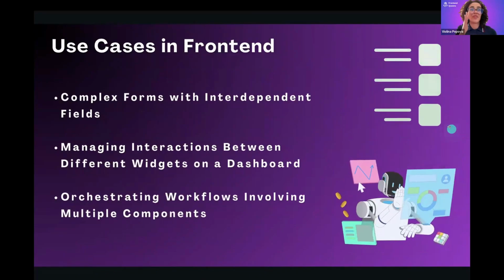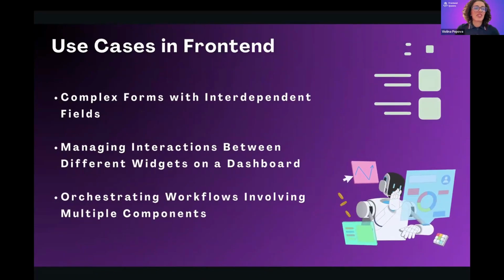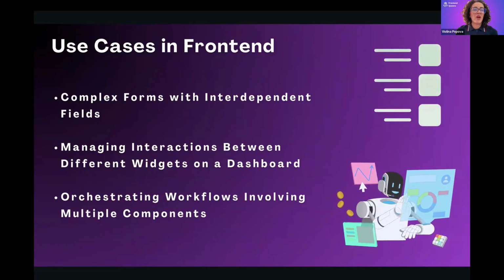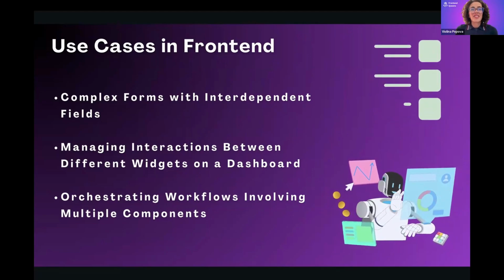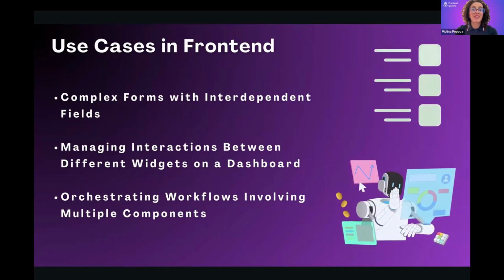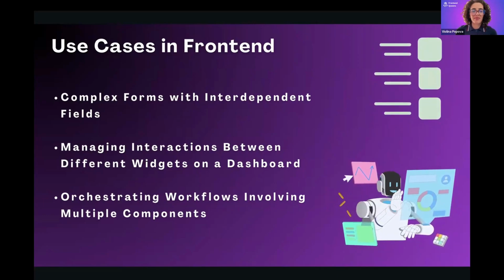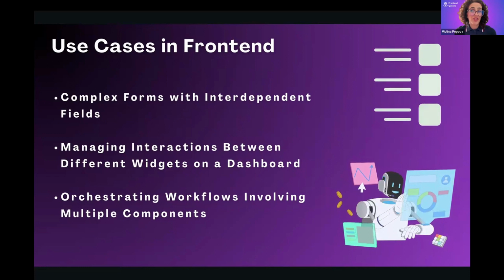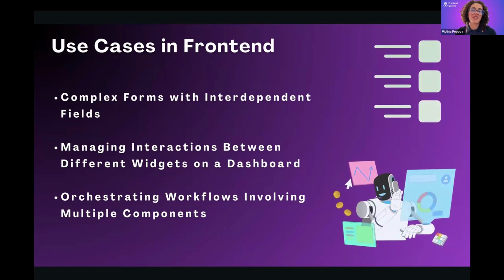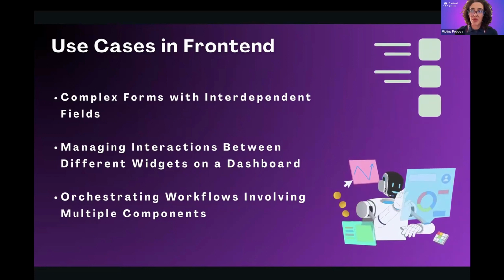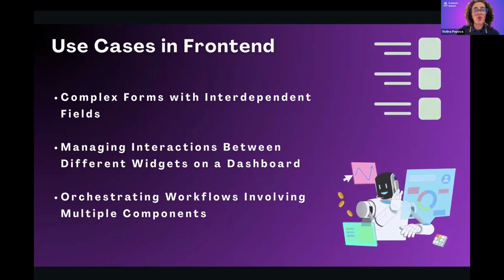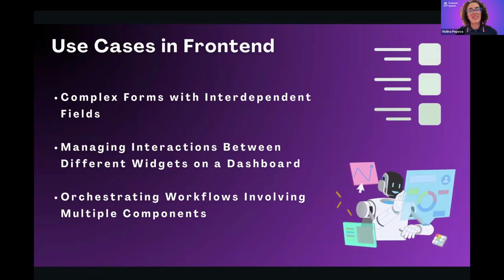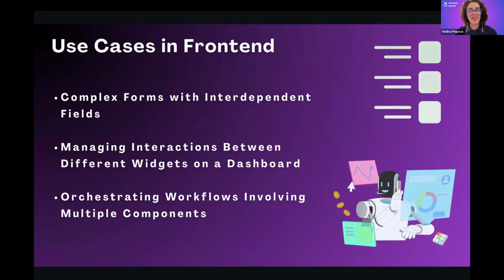Let's see some of the use cases in frontend. And where do we see the mediator pattern shine? The first thing is complex forms with interdependent fields. Imagine a registration form where selecting a country affects the available states, provinces, which then affects valid zip codes and perhaps also displays a different shipping method.